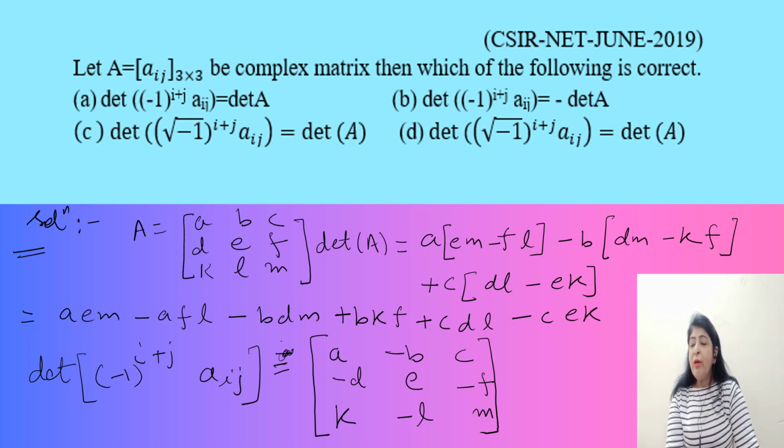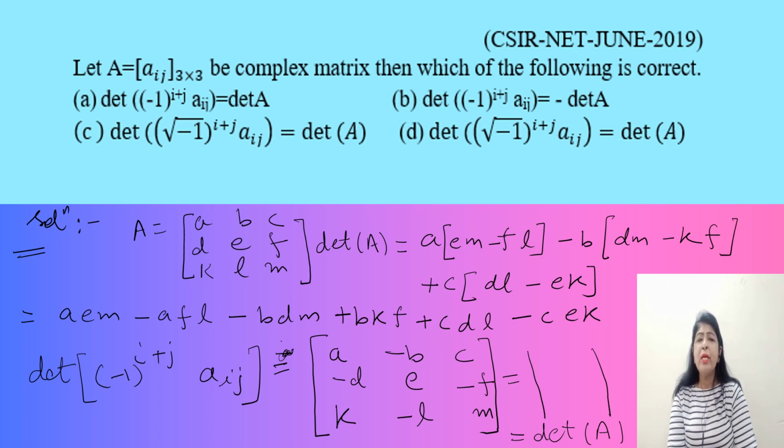So when you expand this matrix, you write its determinant, and when you expand it with the help of row R1, it will be equal to the determinant of A. You can easily do this. You know how to find the determinant. We have already discussed this in this part.